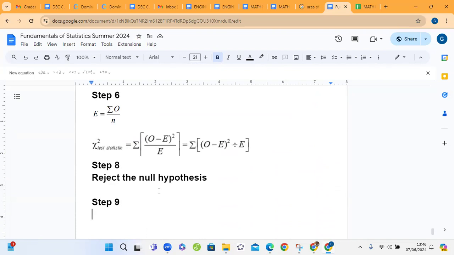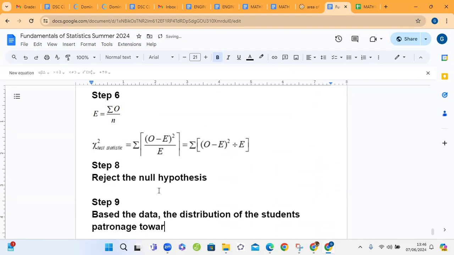So we always begin by saying based on the data, and we are going to quote the alternative, which is saying that the distribution of the students' patronage towards the booths, I'm just adding a little salt to it, is not a random factor. It's not a random activity.